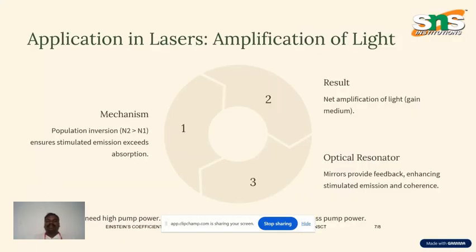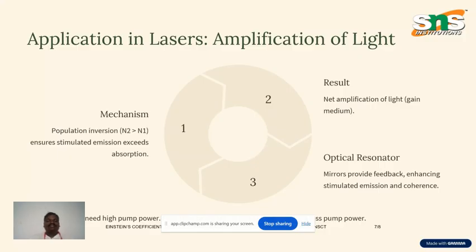Application in lasers: amplification of light has three different steps. The first step is the mechanism: population inversion, N2 greater than N1, ensures stimulated emission exceeds absorption. The second is the result: net amplification of light in the gain medium, and optical resonator mirrors provide feedback, enhancing stimulated emission and coherence.